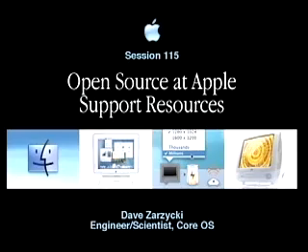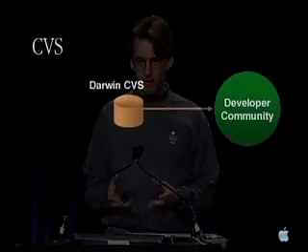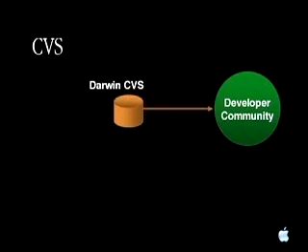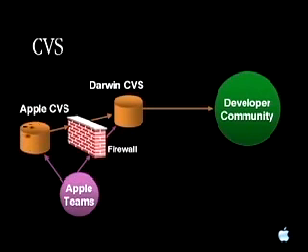All right, so we're going to start off talking about what infrastructure you have to work with us. First of all, let's start with our Darwin repository. Our repository, where most of our projects live, is beyond our firewall, so you can get at it fairly quickly. And our external Darwin developers have direct access to it too.